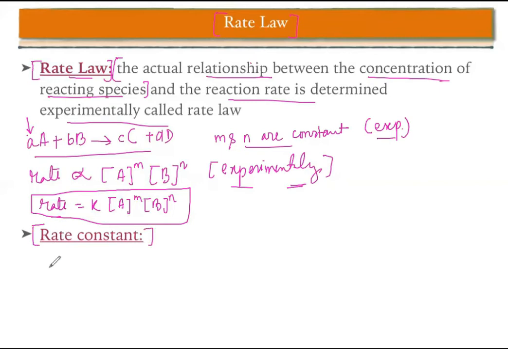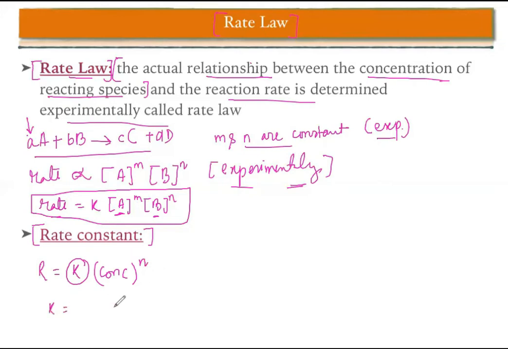As we already calculated, rate is equal to, as this is concentration, I'm writing mole per liter. This is also mole per liter. So rate is equal to rate constant K into concentration to the power m into n. I'm writing here only one value, that is n.